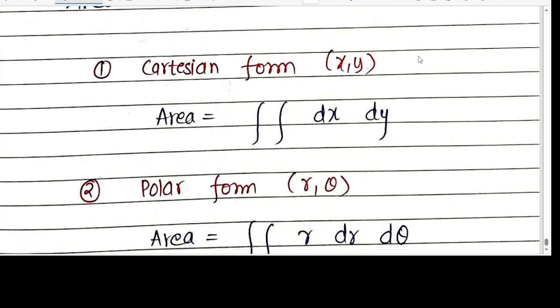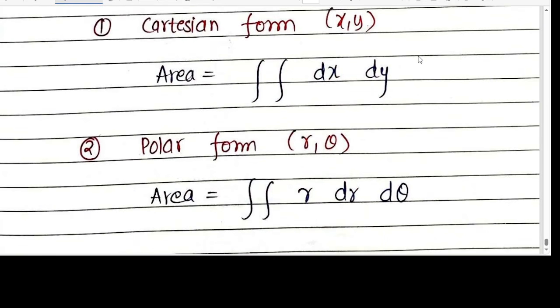For area, we know the formula for area, which is one of the applications of double integral. Area is equal to double integral dx dy, or you may write double integral dy dx. If your strip is vertical, we use this formula. If your strip in the given region is horizontal, we have to use the first formula.